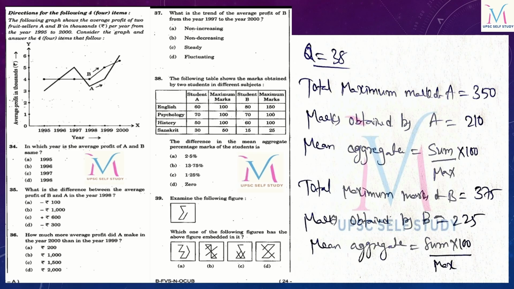And come to question number 39. Examine the following figures. Which one of the following figures has the above figure embedded in it? Embedded means merged in it, able to fit in it. Now look at the examine picture. It cannot fit into the picture of A, it cannot merge inside it.